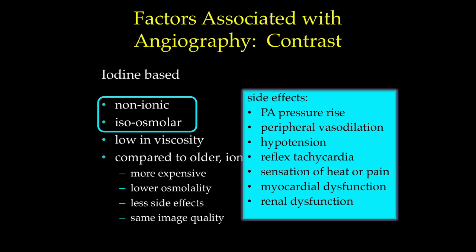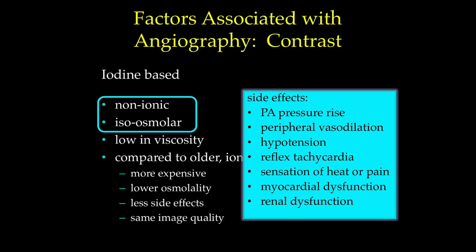The side effects it does confer are a rise in PA pressure. It causes peripheral vasodilation and resultant hypotension and reflex tachycardia. Patients get a sensation of heat or sometimes pain or discomfort. It can cause myocardial dysfunction and renal dysfunction.